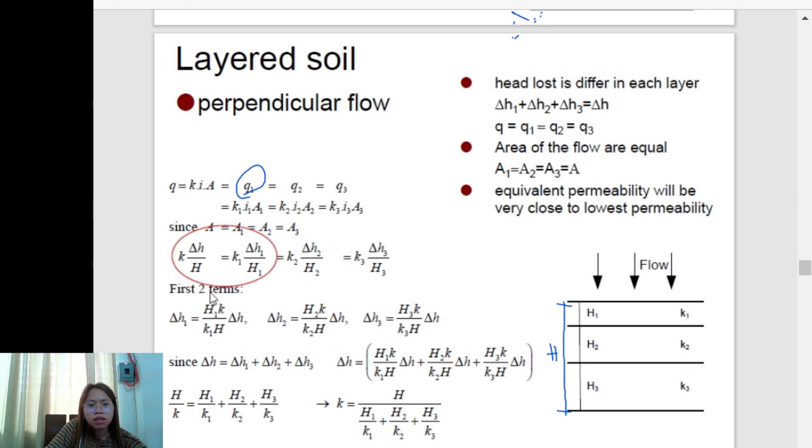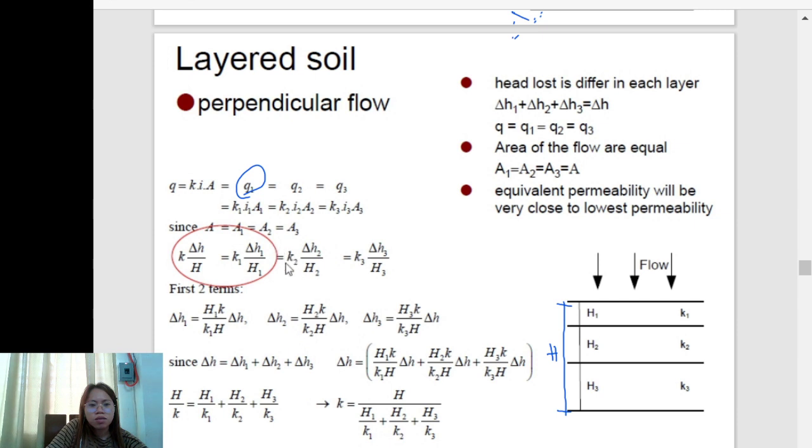Say we consider the first two terms and from this we will get the relationship in terms of delta H1. Because from this you cross multiply, so it becomes H1 K delta H over K1 H.